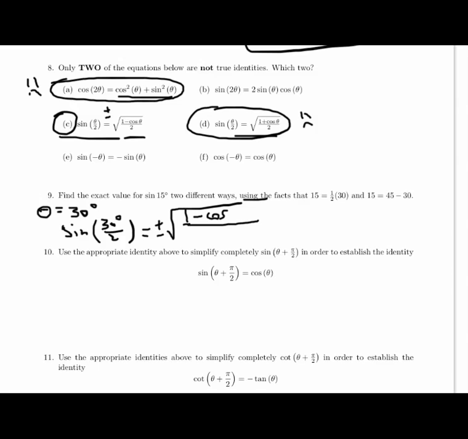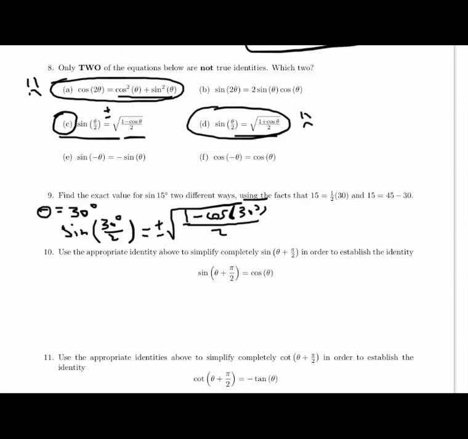The exact value of sine of 15 degrees: sine of 15 degrees can come from this formula, because if I use that formula when theta is 30 degrees, then the formula says the sine of 30 degrees over 2, which is the sine of 15, is, and technically it's plus or minus, because I have to think about what quadrant I'm in, so I'll leave that there for a minute.